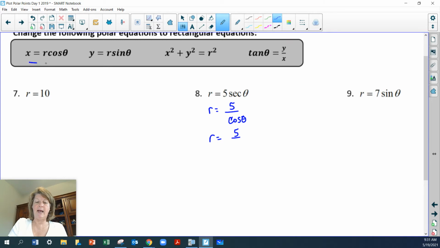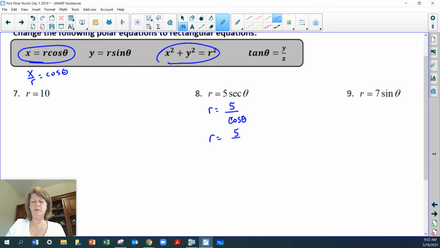I'm in my head thinking I could write cosine as x over r, couldn't I? That this would be x divided by r equals cosine theta. Could use that. I could do some conversions and square both sides. I might still need to do that, but I think what I'm going to do first is just convert my cosine into an x over r.